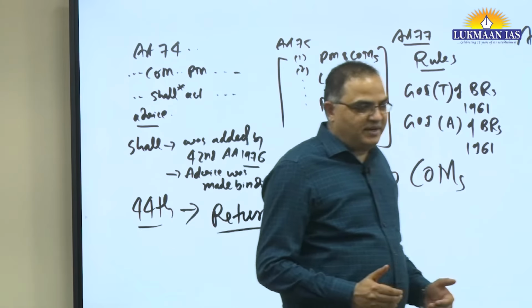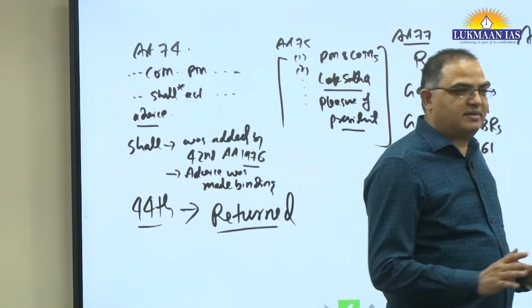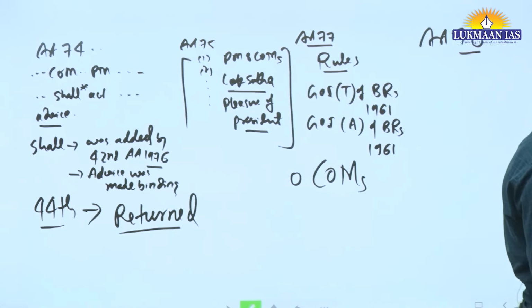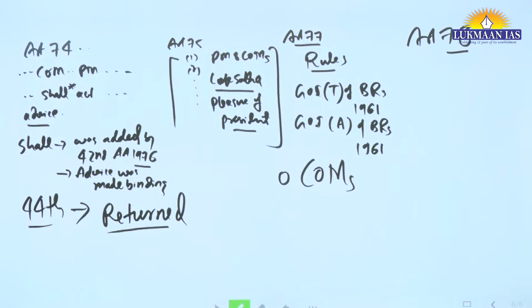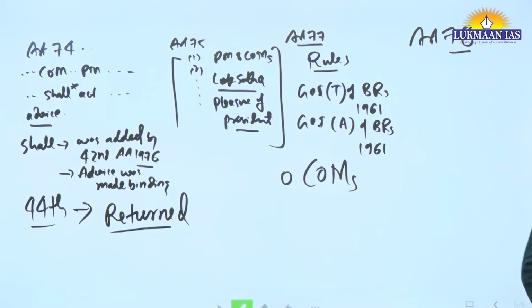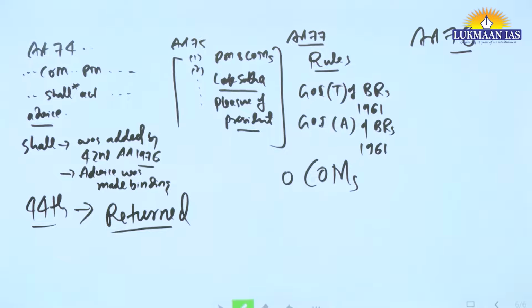In 74 it is not written, in 75 it is not written, in 78 it is not written. There is no such language as such. So that does not come into the picture. But when you have a specific related case, like when we teach ordinance, when we teach emergency, there it is mentioned that his decision will not be questioned by the court, but courts have questioned this.